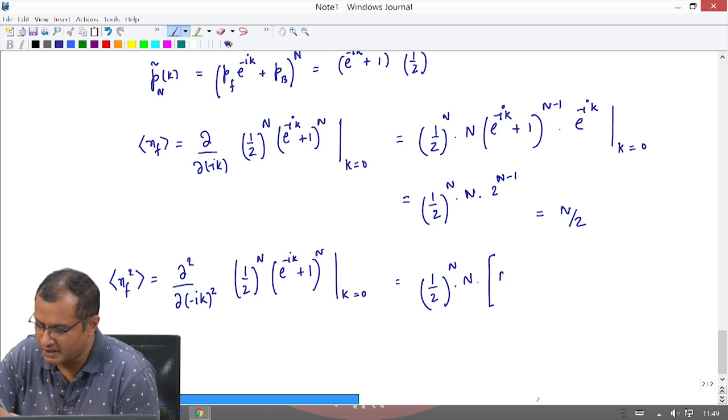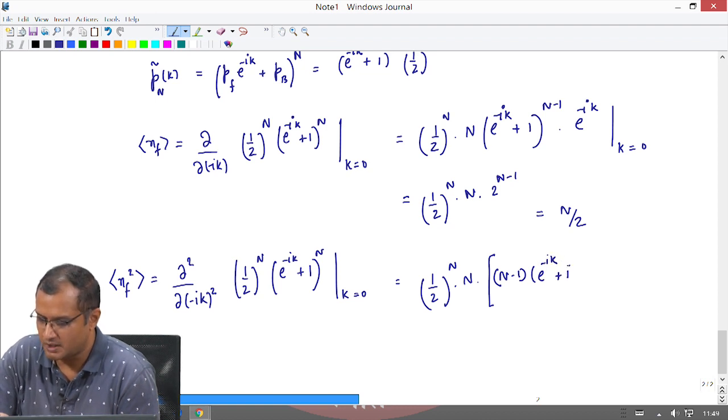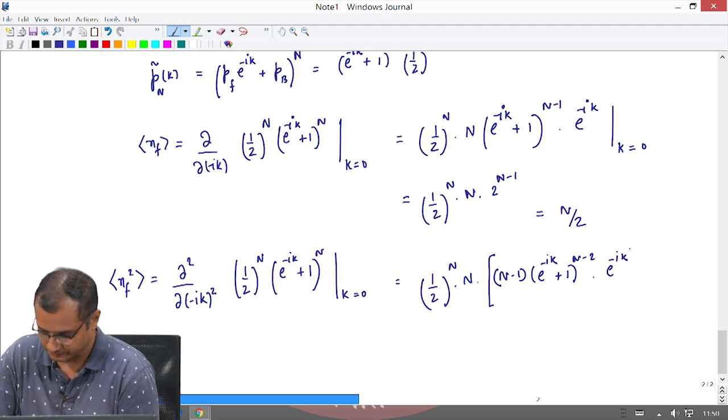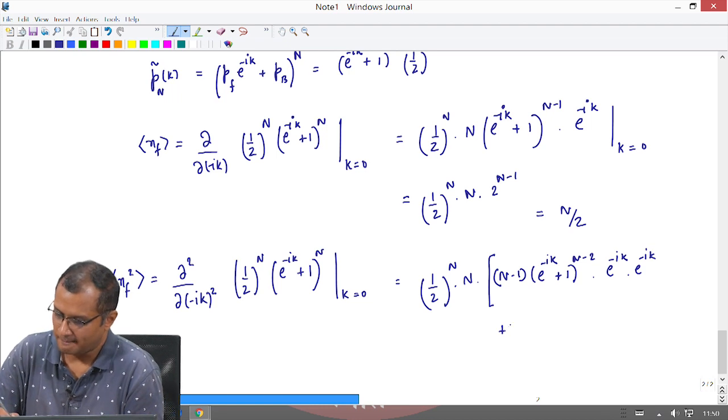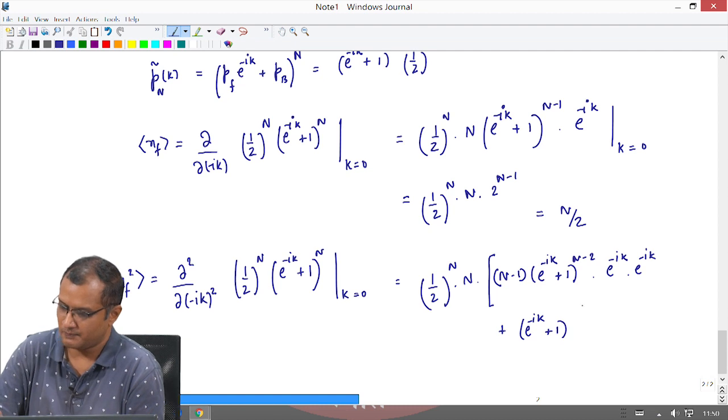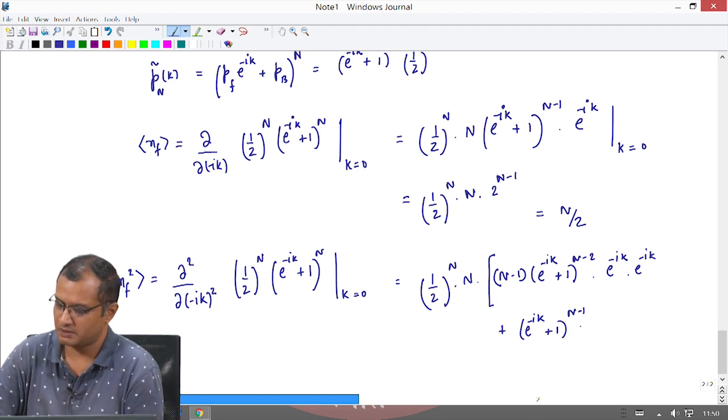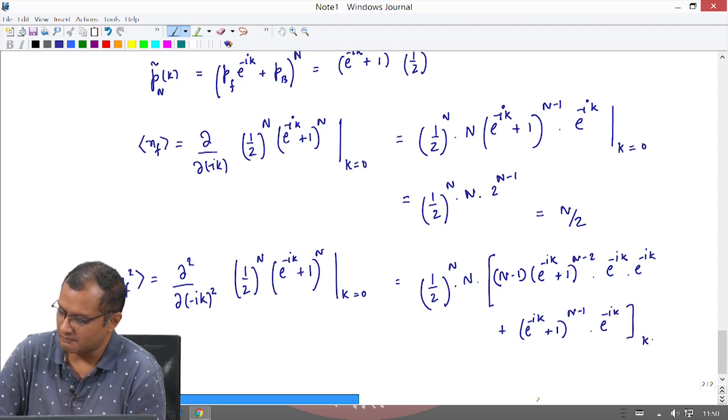This would give me n minus 1 multiplied by e raised to minus ik plus 1 to the power n minus 2 into e raised to minus ik, but there is also an e raised to minus ik outside, plus e raised to minus ik plus 1 to the power n minus 1 into e raised to minus ik, and all this is taken at k equal to 0.